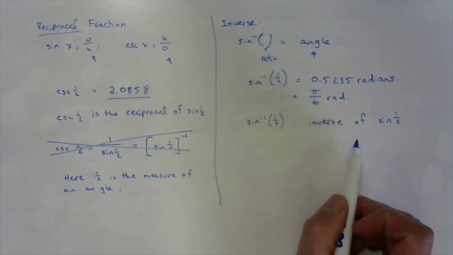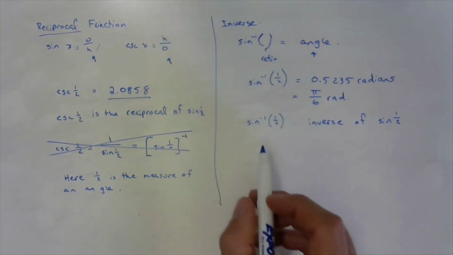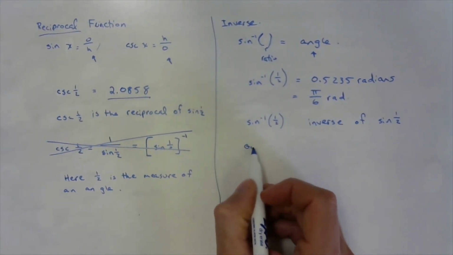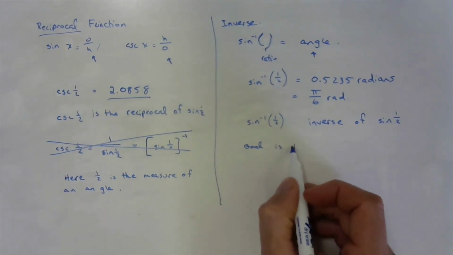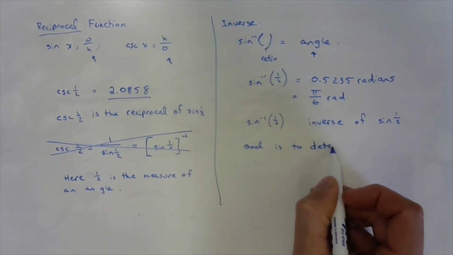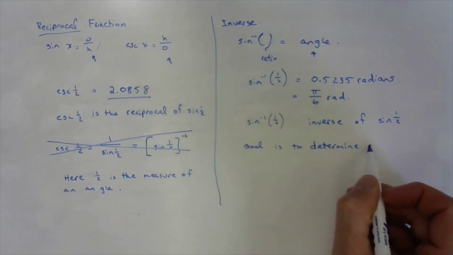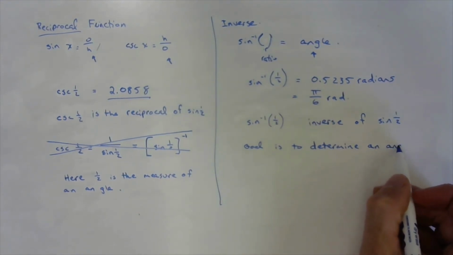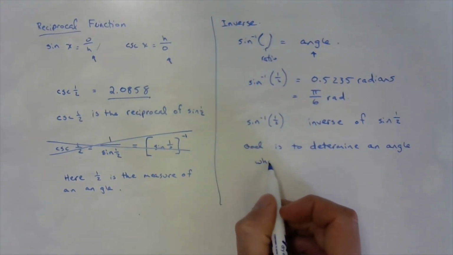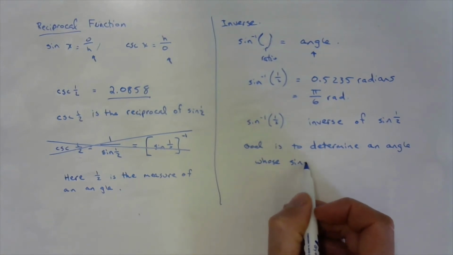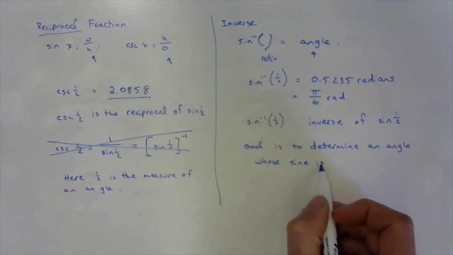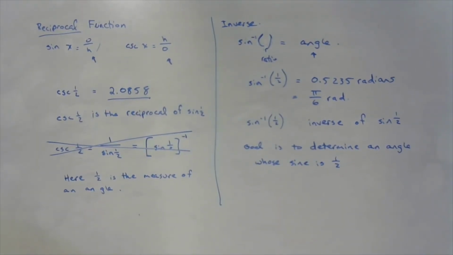So the goal in this situation is to determine an angle whose sine ratio is 1/2.